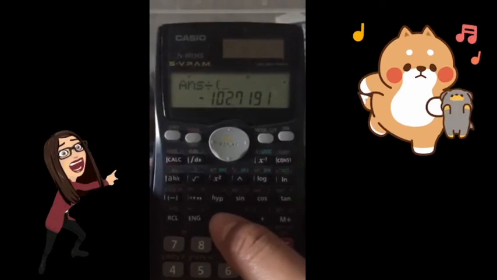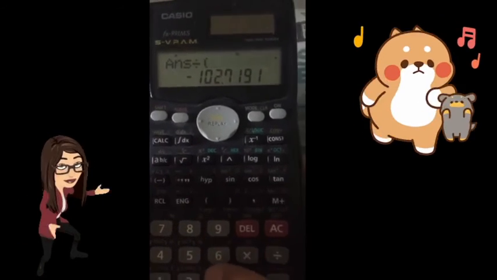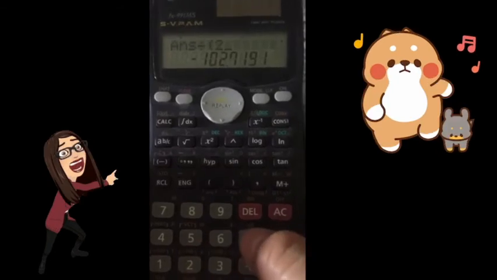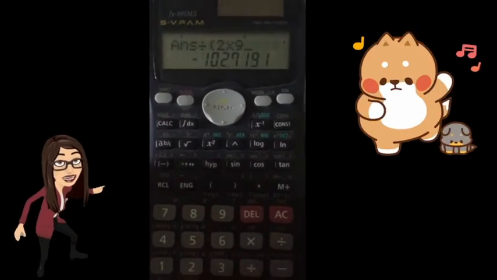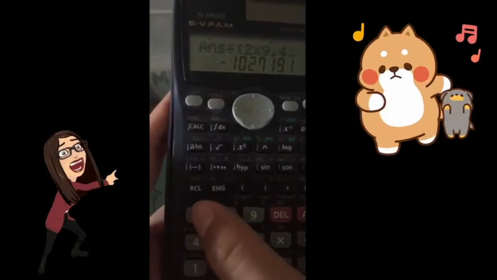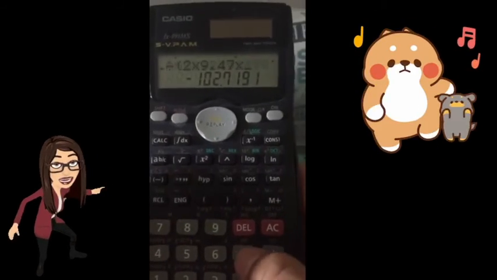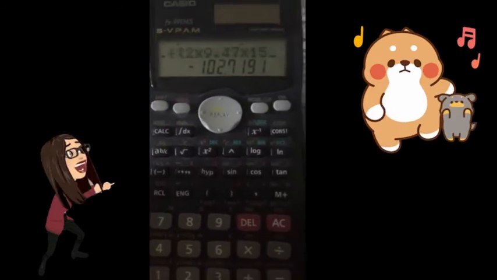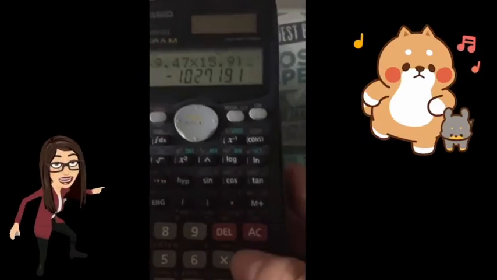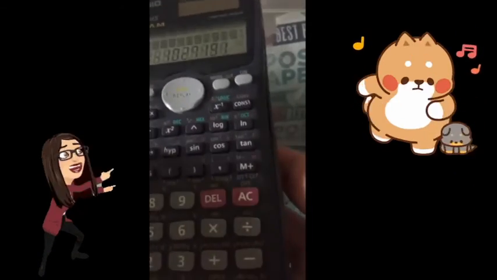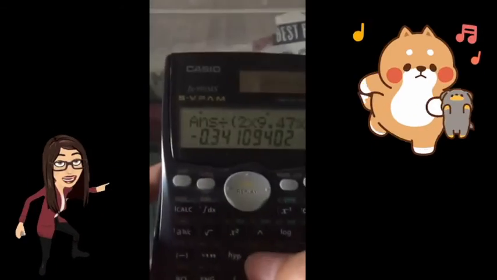There, so meron tayong 2 times 9.47 times 15.9. Let's use again a parenthesis. Then, equal sign ulit.